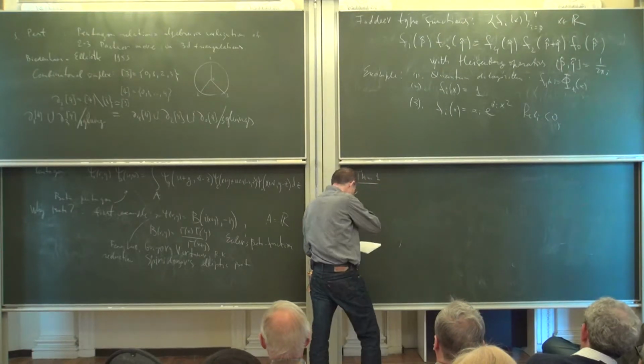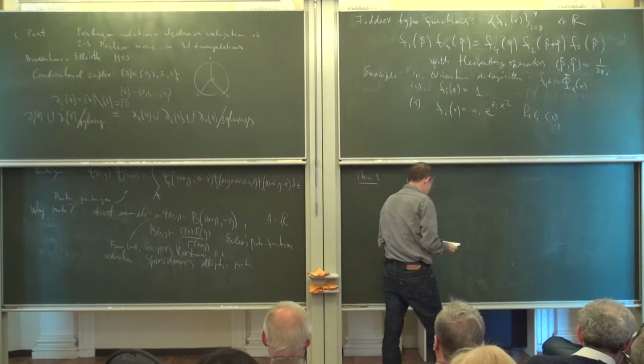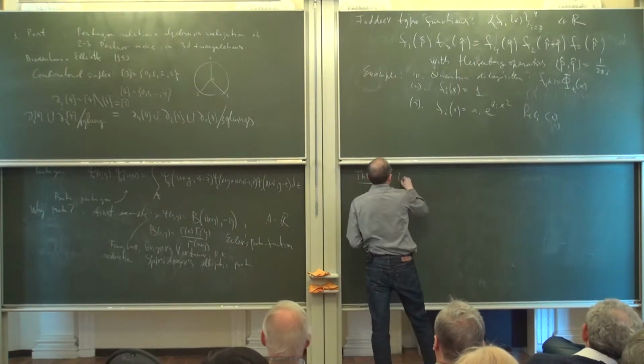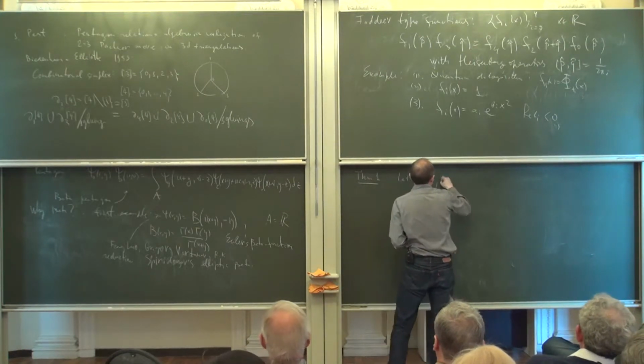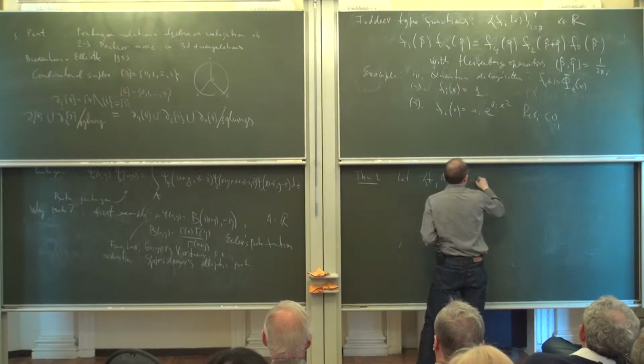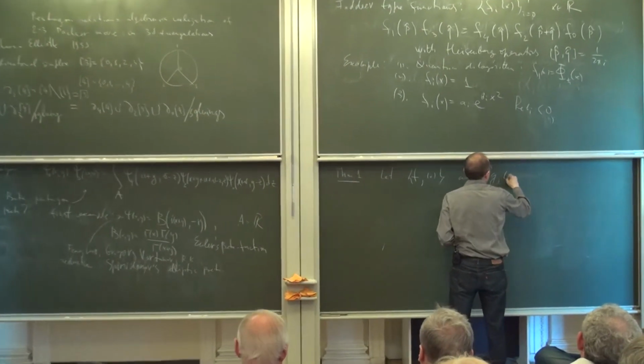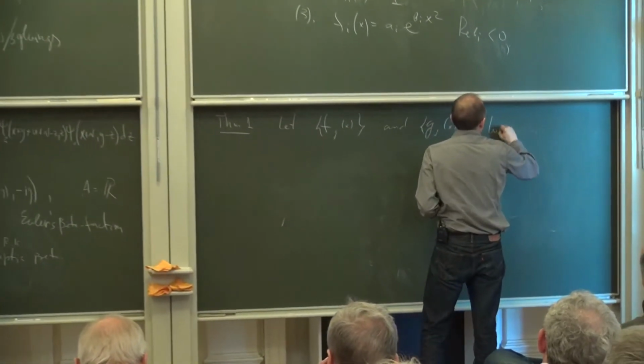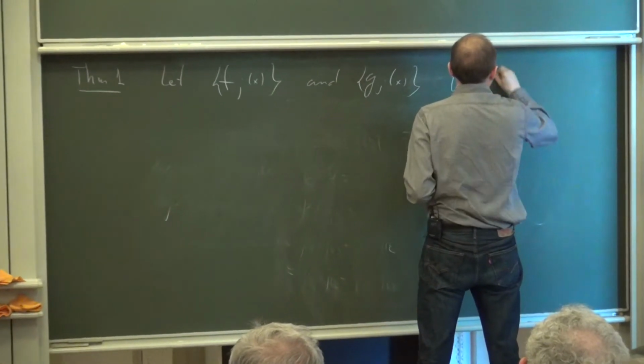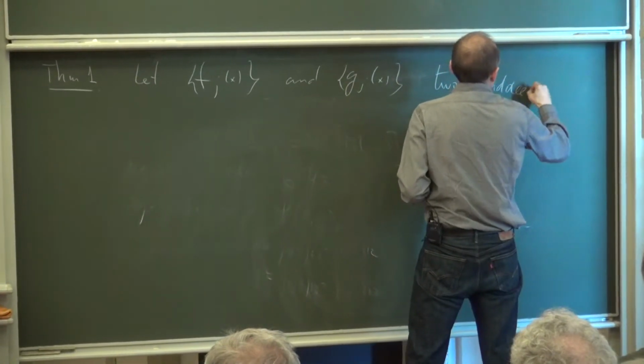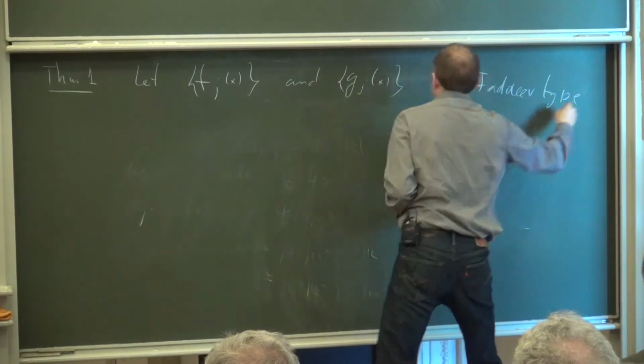Result one. Let f_j of x and g_j of x be 2 Faddeev type functions.